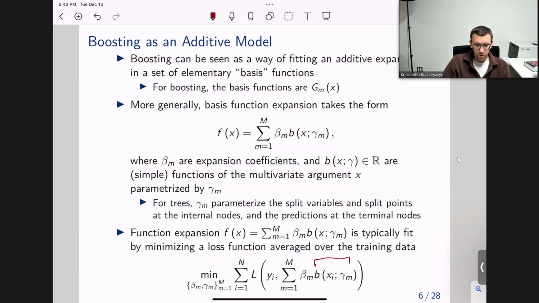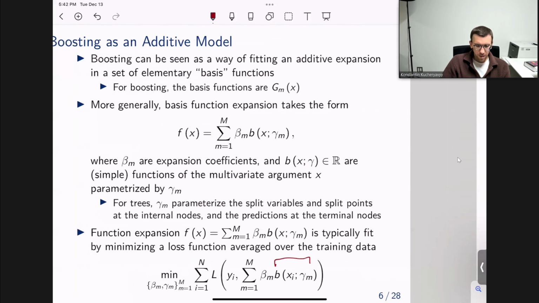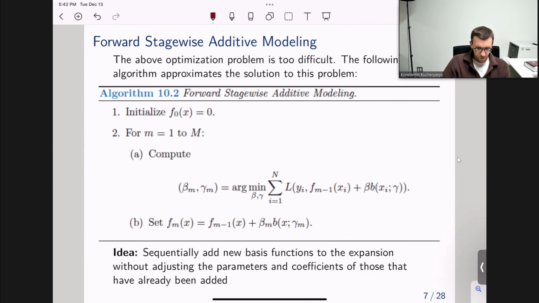Instead of using this approach, we use an approximation, which is called forward stagewise additive modeling. During this approach, we add basis function expansion one by one. So the idea here is to sequentially add new basis functions to the expansion without adjusting anything that we have done up until that step.